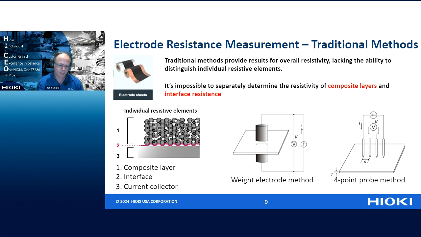But in both cases, we have one value of resistivity, and it's not possible to separate out the individual elements of resistivity, for instance, the composite layer, the current collector, and the interface resistivity. It's not possible with the traditional electrical methods to break out those elements.